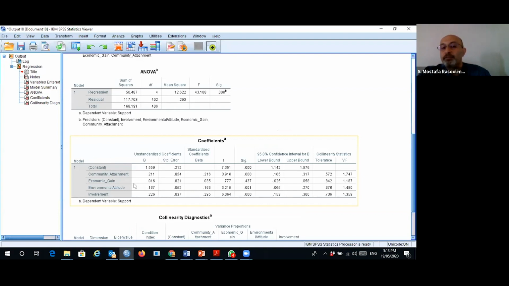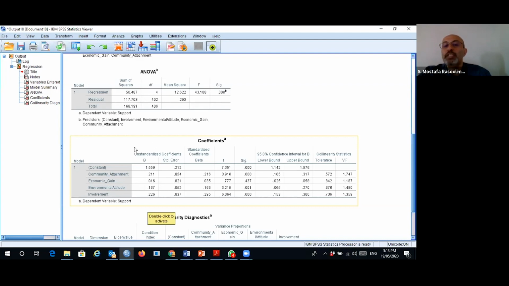This is beta. So the beta value, beta 0 is 1.5, beta 1 is 0.21, beta 2 is 0.016, beta 3 is 0.167, and beta 4 is 0.226. We have 4 IV and 1 beta 0, 1 intercept, right?